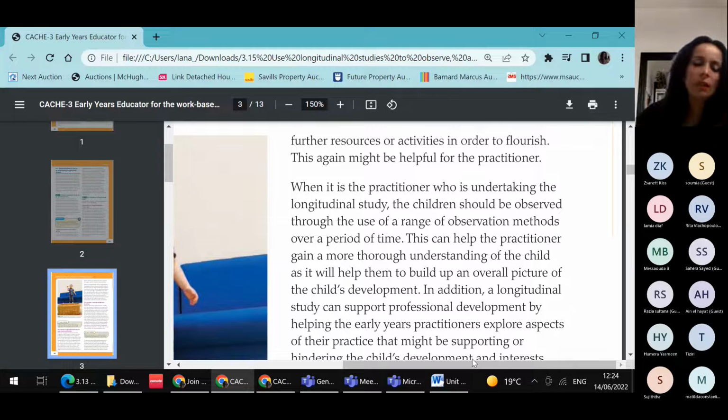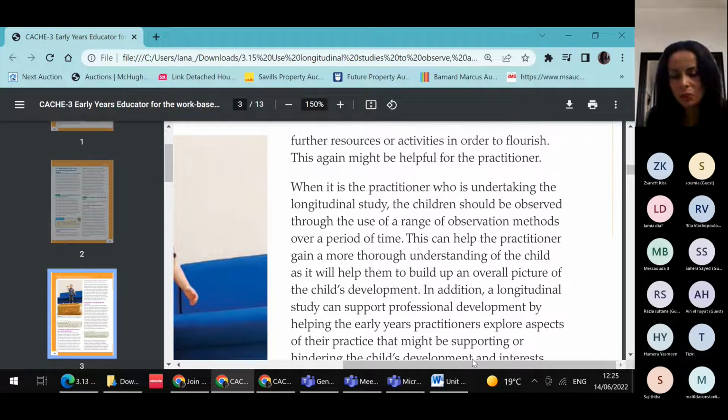And so for you as a practitioner who's undertaking the longitudinal study, the child should be observed using a different range of observation methods over a period of time. You don't observe him today and that's it. This is not enough. This longitudinal study takes longer to be achieved.